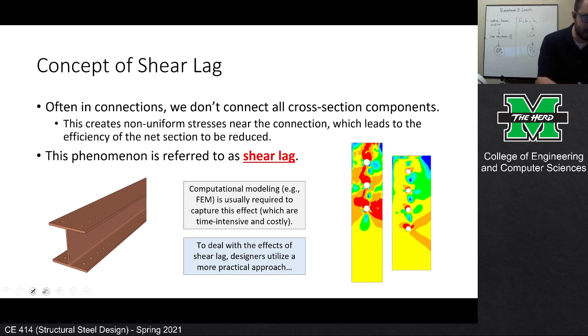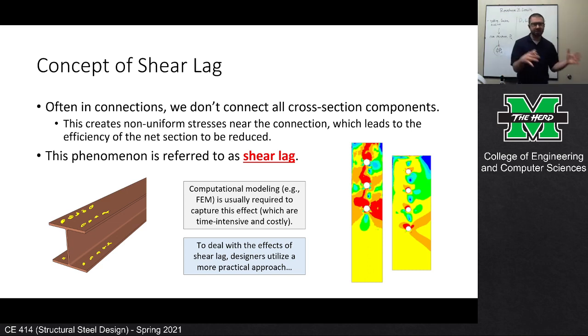You can see we've connected the flanges. But notice how we have not connected the web. So not all of the cross-section components are connected, only some of them.